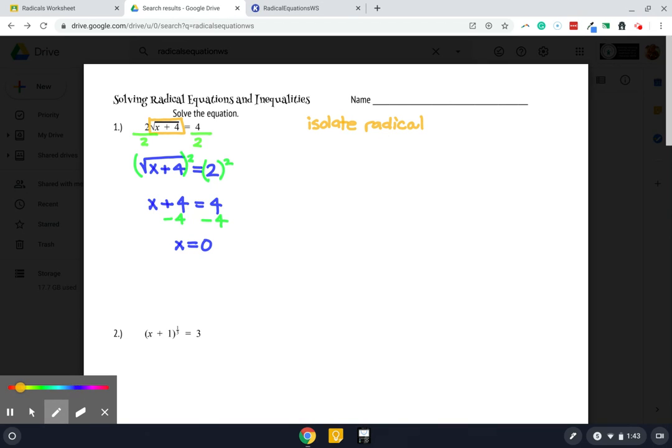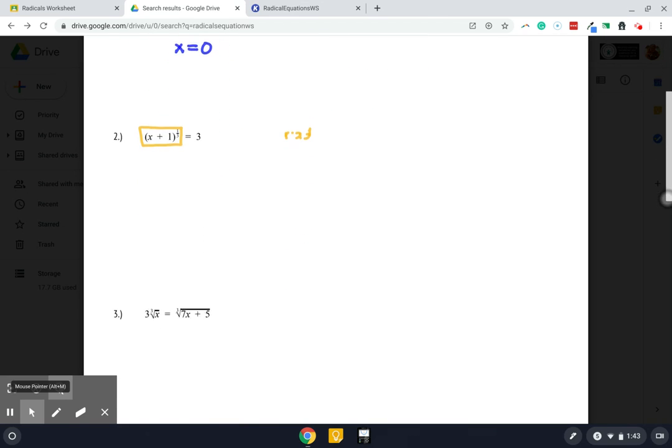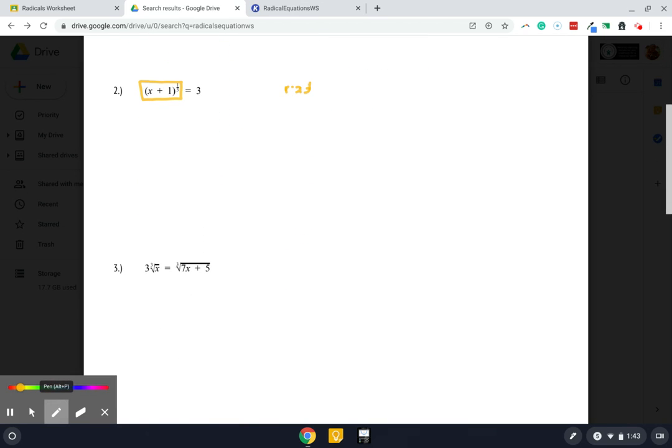If we keep going through, let's look at the next one. Our radical here is already alone. Whoops, let's do some scrolling and see if that makes our life a little easier. Radical is alone, which is great.